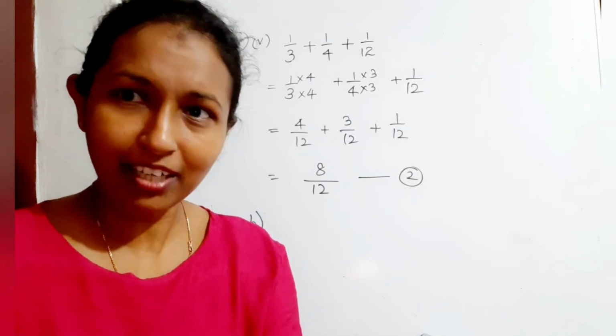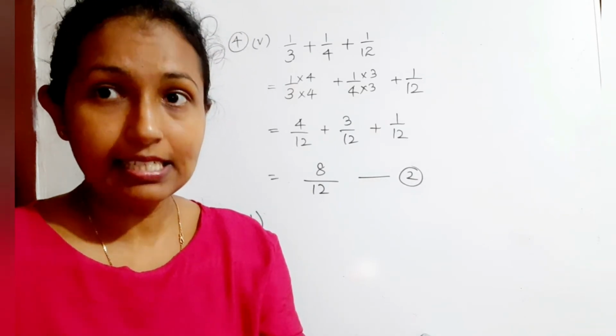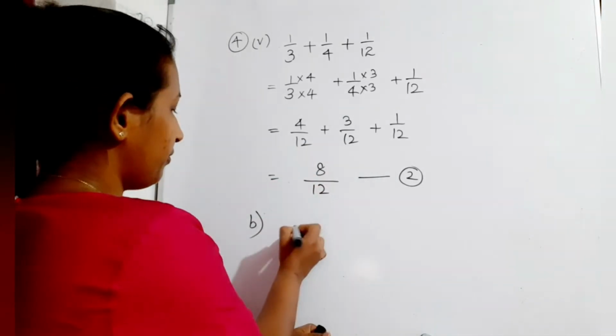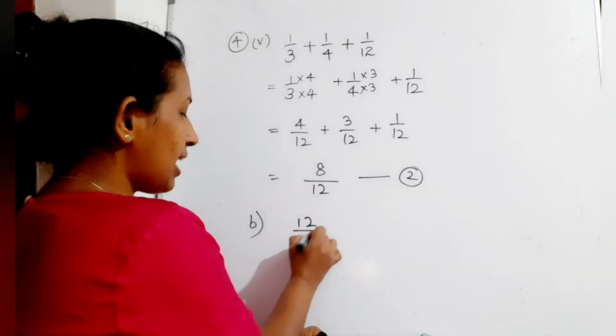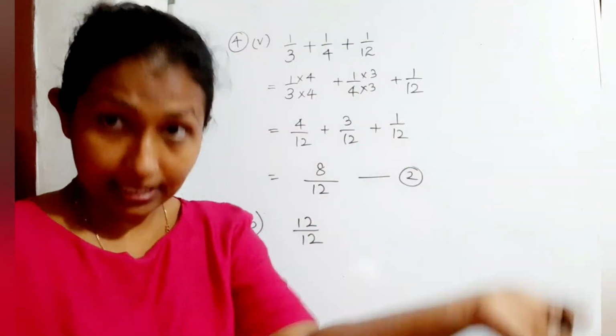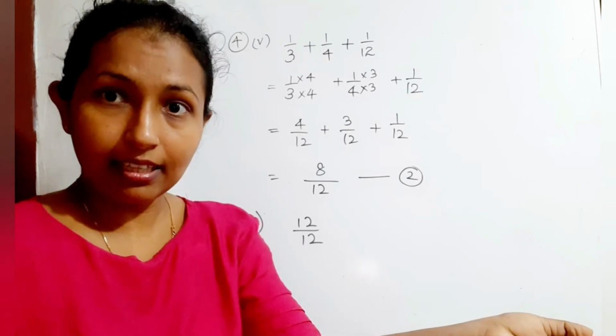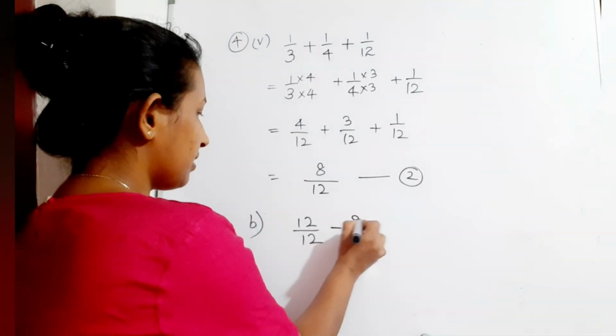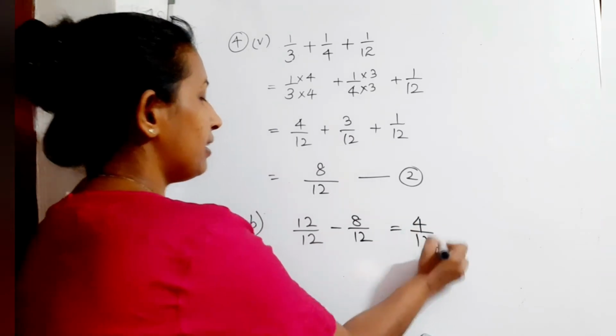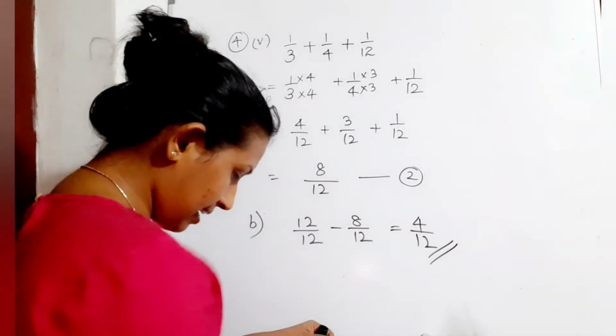Then what is the remainder, Putte? Right, it is 4 over 12, isn't it? Then the remainder is 4 over 12. 4 over 12 is the answer.